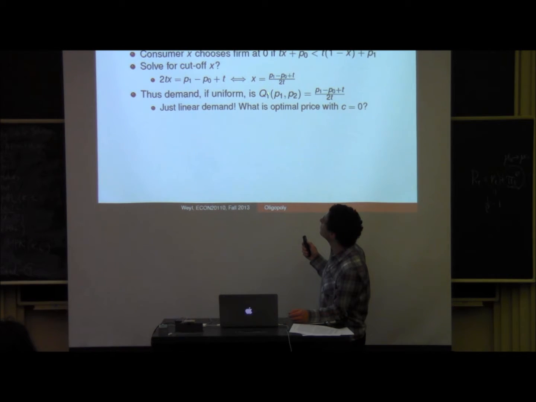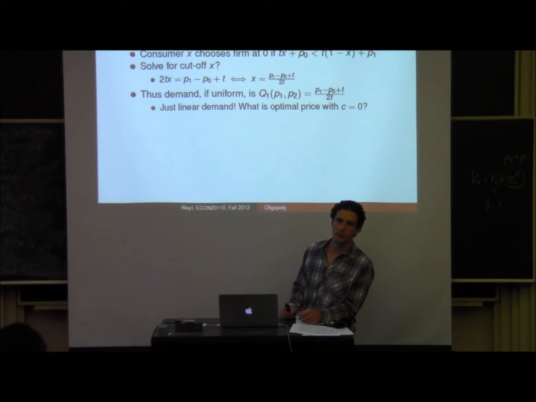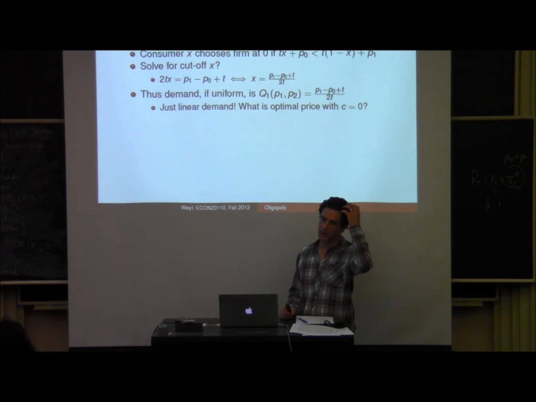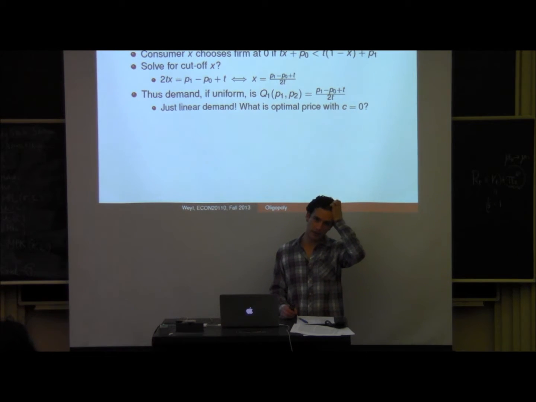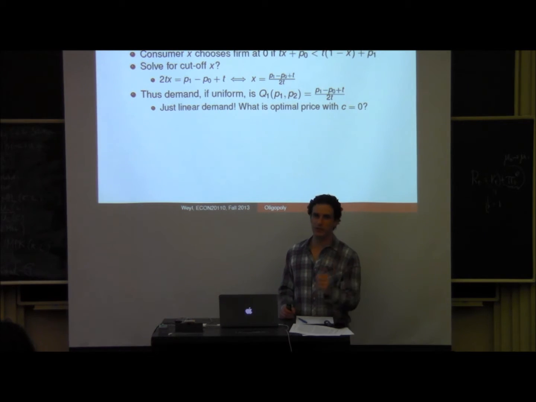So this should be Q0 of P0, P1. Oh, okay. What's firm 0's optimal price going to be? So would you try to maximize quantity here? You're going to maximize profit, right? Yeah. And do you remember how you price if you're a monopolist against a linear demand?